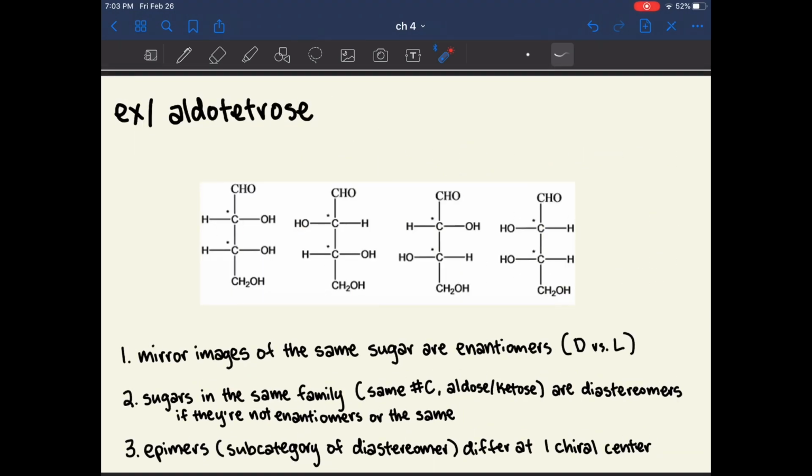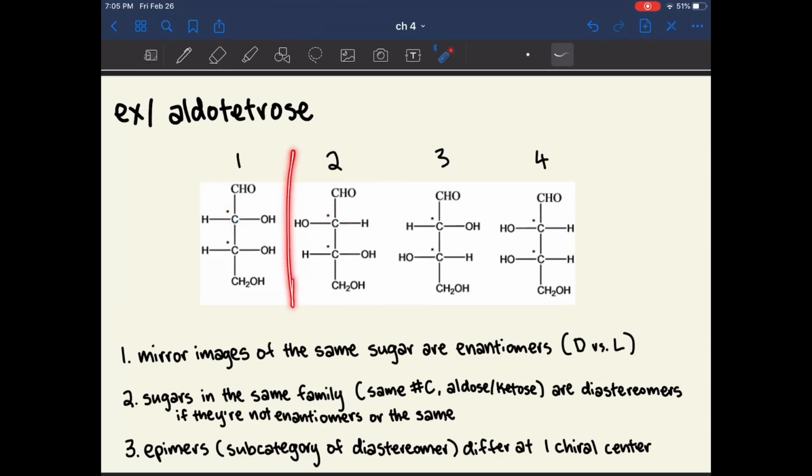As an example, we're going to go through the different stereoisomers of aldotetrose. As review, the reason why this is called aldotetrose is because this is an aldose, since the carbonyl is at carbon number 1. And this is known as tetrose because it has 4 carbons. So first we can number these 1, 2, 3, and 4. And when we look at the relationship of 1 to 2, we can see that they differ at exactly 1 chiral center.